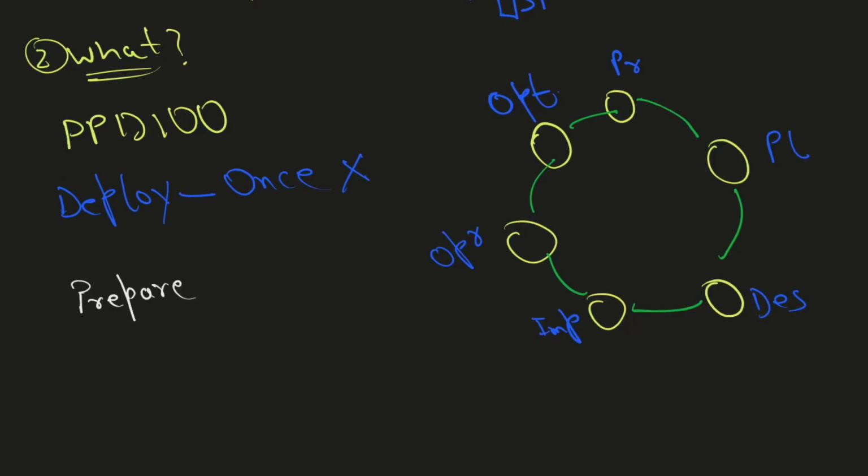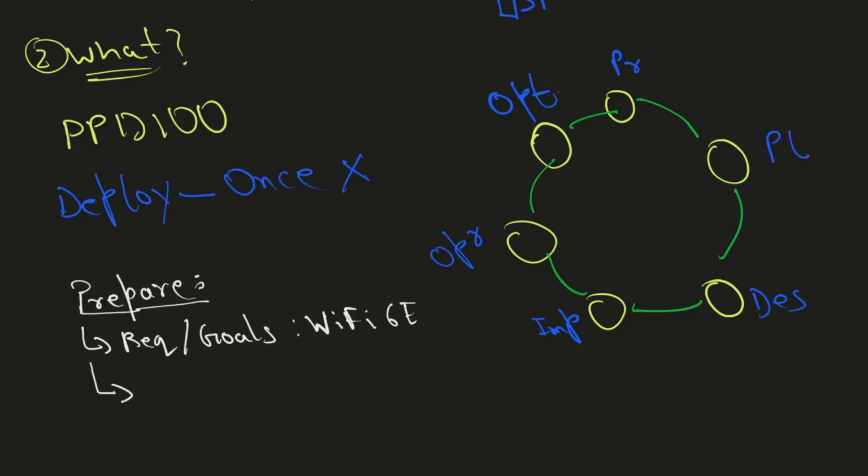Now, in this phase, essentially what we are trying to do is capture the customer requirements on a very high level, or the customer goals for the network. So, for example, they may have a goal or a requirement to implement Wi-Fi 6E. Once we have discussed the requirements and the goals on a very high level with the customer, it is also important to discuss what is the budget allocated for this project because we don't want to exceed this budget.